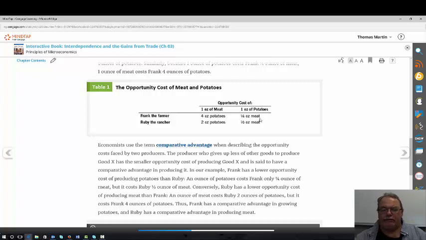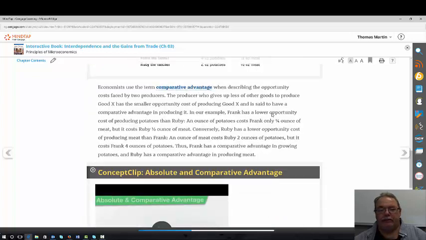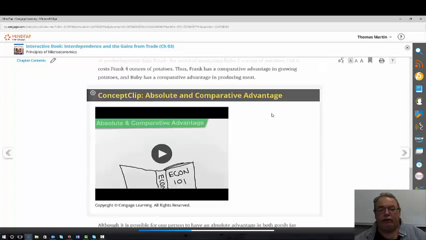So Frank can specialize in production of potatoes, and both parties will be better off. That's the reason in the trade Ruby was willing to produce all the meat as long as Frank produced all the potatoes, because he had a comparative advantage and his opportunity costs were much lower.